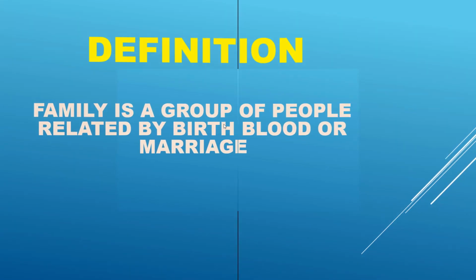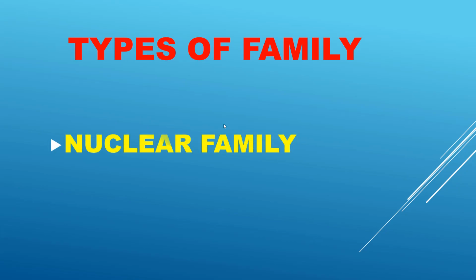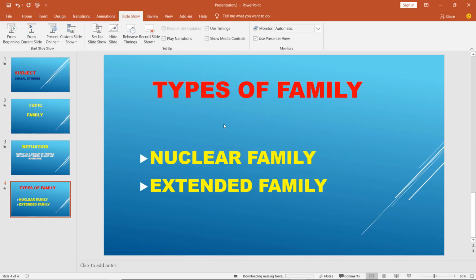All right, so we move to the types of family, and after you have explained, give them the first one, and after much explanation, you move to the next, and that is how you make use of your slide presentation. So we have come to the end of this slide, and you can press escape on the keyboard, and here you come back to your presentation.